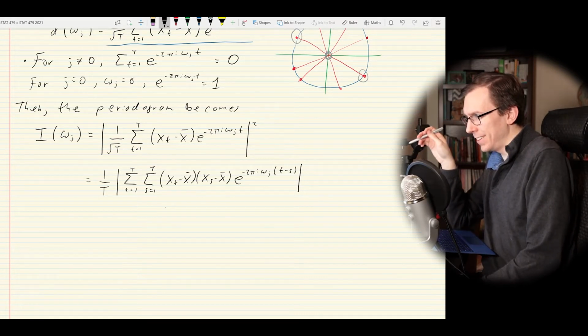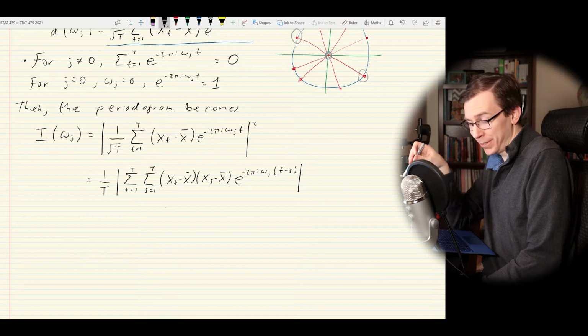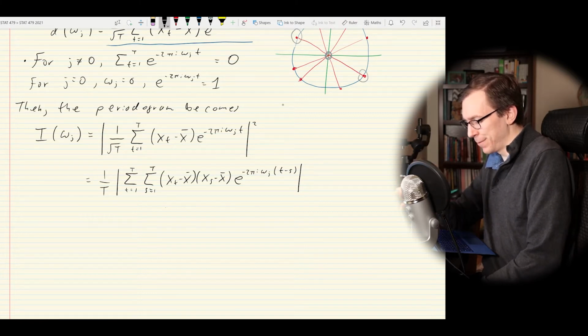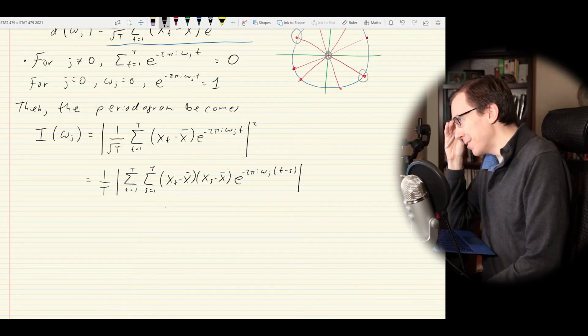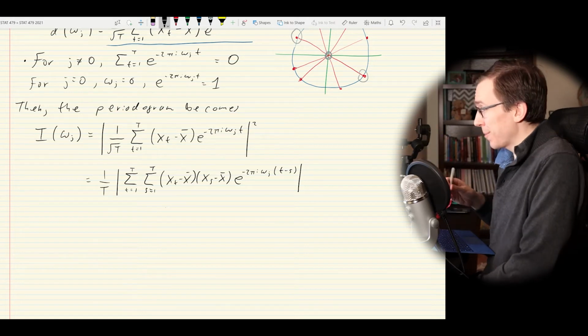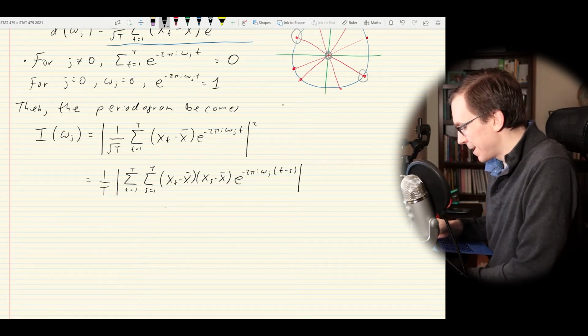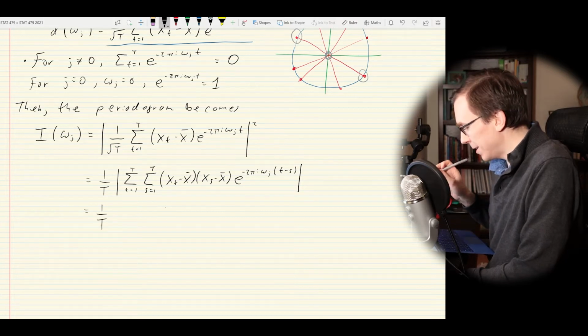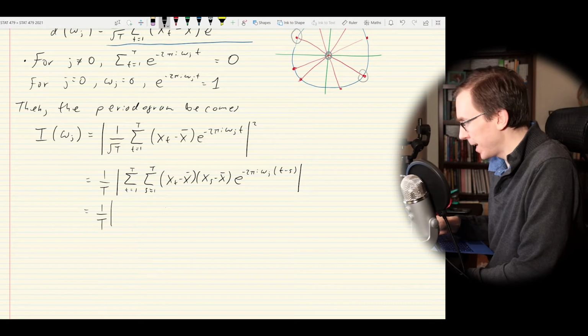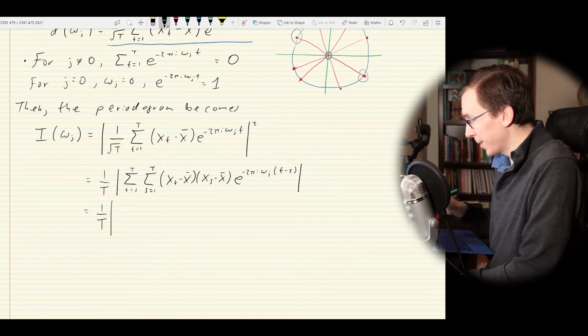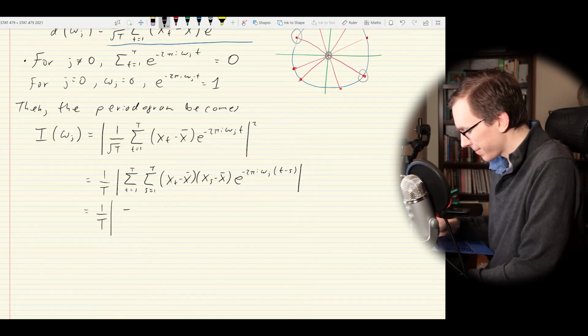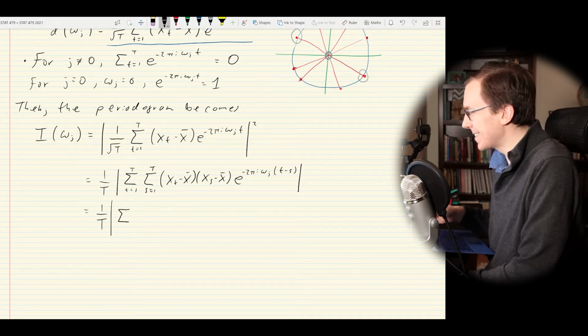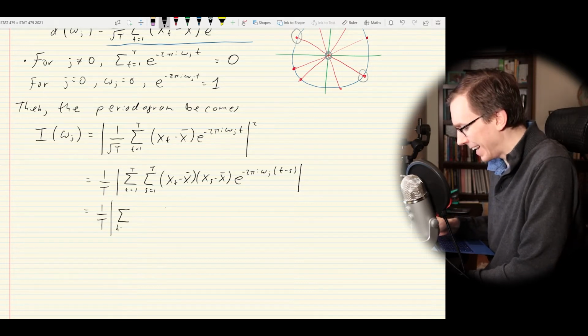All right, so now things are starting to look a little bit familiar, right? I have the sum of a product of x_t minus x bar times x_s minus x bar. Well, if we rewrite this a little bit, what we end up with is something that's going to be 1 over T still there. Then I want to change the way I'm writing this summation a bit. We're going to switch to take h, which is kind of loaded notation because we always used h to be a lag.